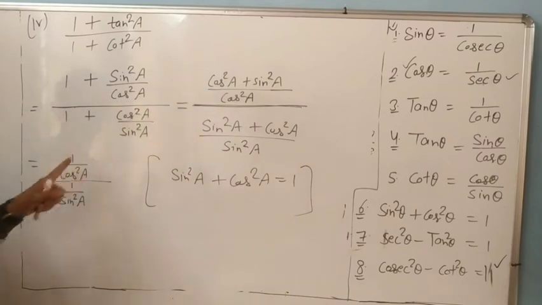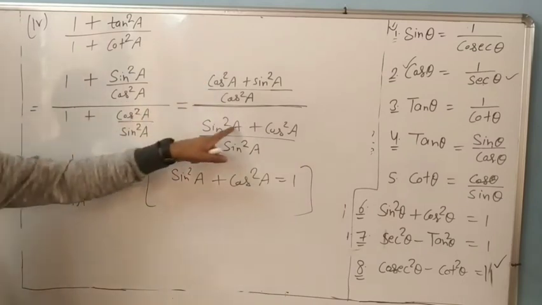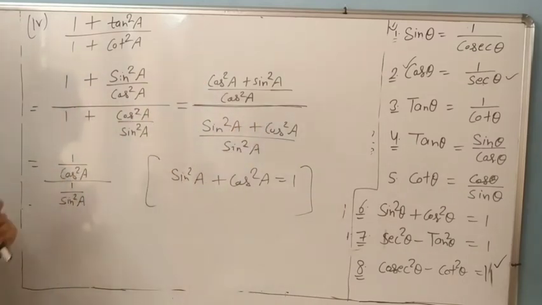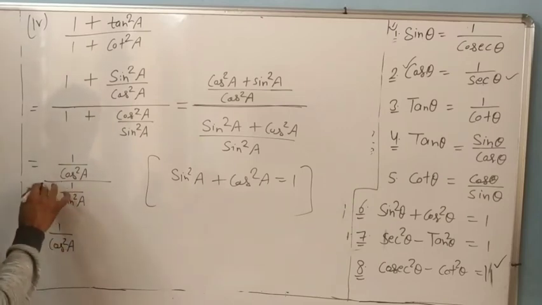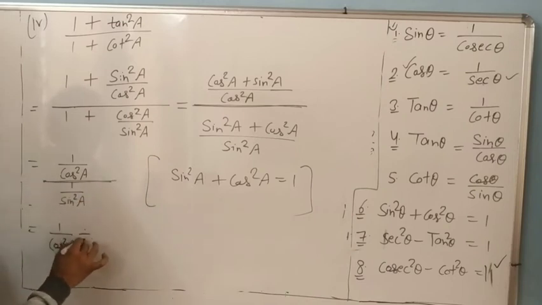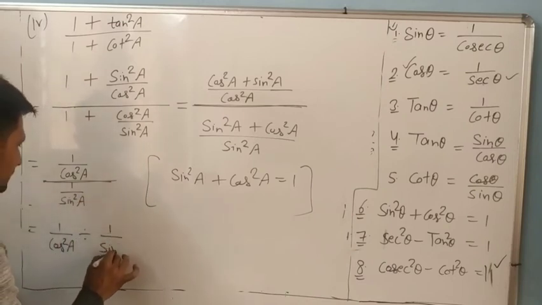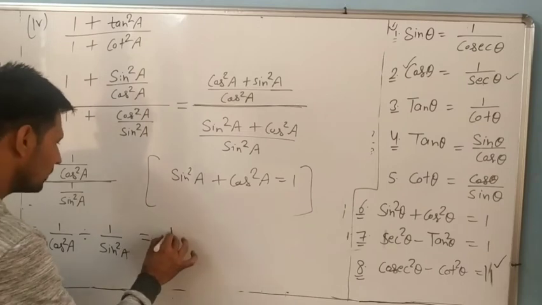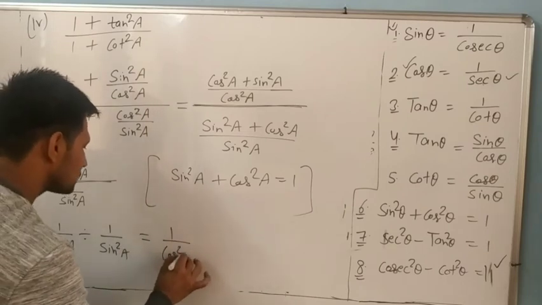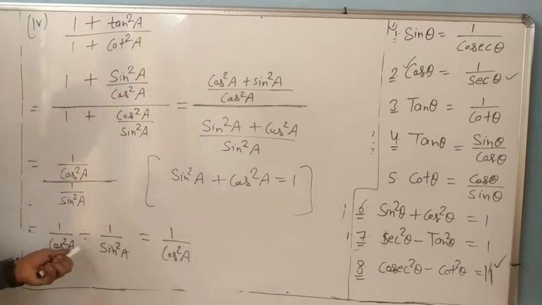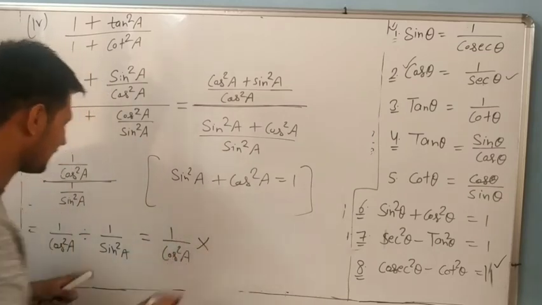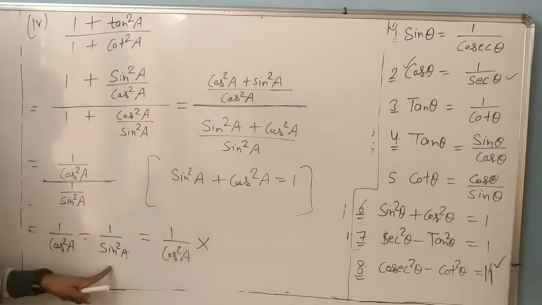Cos square A plus sine square A is always 1. So it is 1 upon cos square A. Sine square A plus cos square A, 1 by sine square A. Again, I told you always multiply first and fourth. Otherwise, 1 by cos square A, dear. You can write like this. Now it is divide. 1 by sine square A divided by 1 by cos square A, and we know whenever we change divide into multiplication, we always take the reciprocal, the opposite.